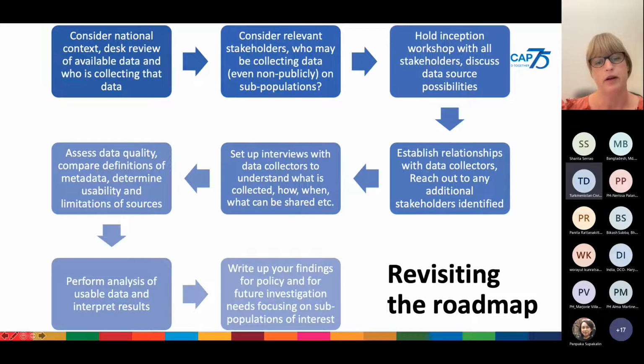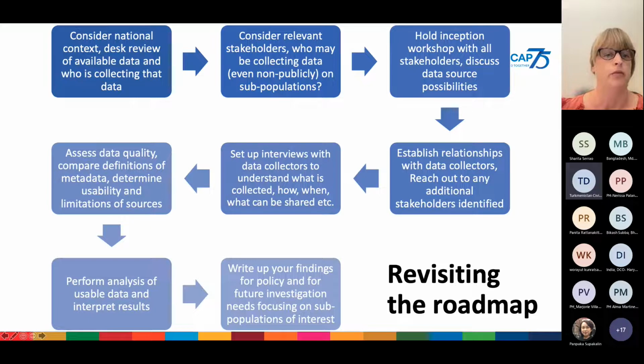We talked about a roadmap of how you might do an inequality assessment, starting from considering your national context and populations, doing some desk review, holding an inception workshop, the importance of establishing relationships with data collectors. And then we talked a little bit more in detail about interviewing data collectors, some of the questions you might ask about the data, what data you might ask about, all the important things to know to assess quality and usability.